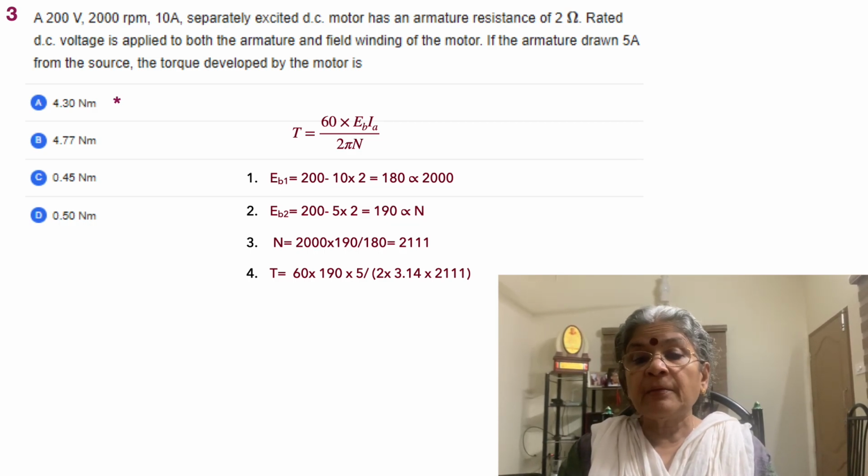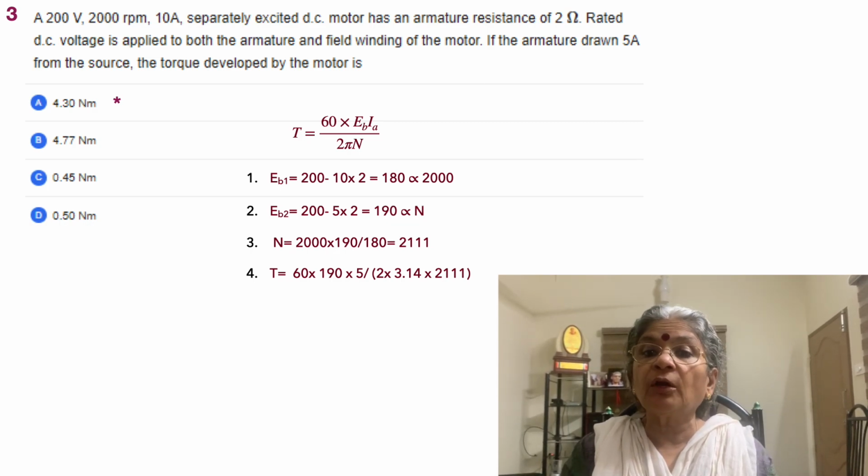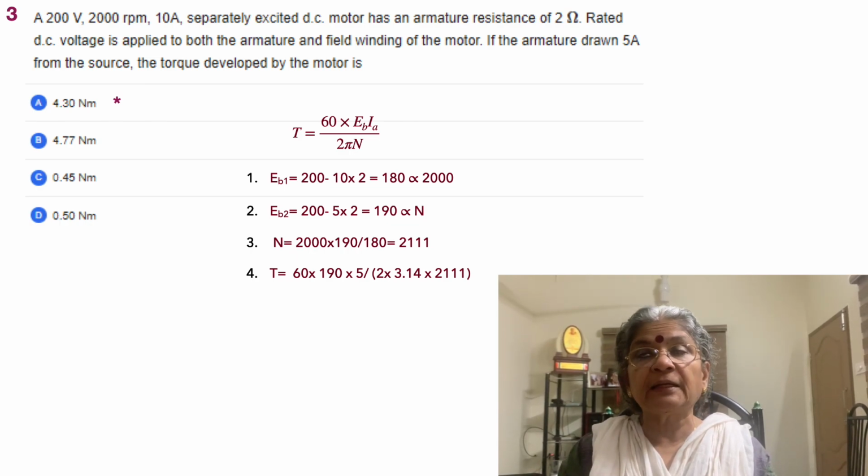But of course that is at 2000 RPM, and we want the torque when it draws a current of 5 ampere, which means there's another EB. So we see that 180 is proportional to 2000, and EB2 is the situation when the current is equal to 5 ampere. It drops only 5 into 2, 10 volt across the armature resistance.